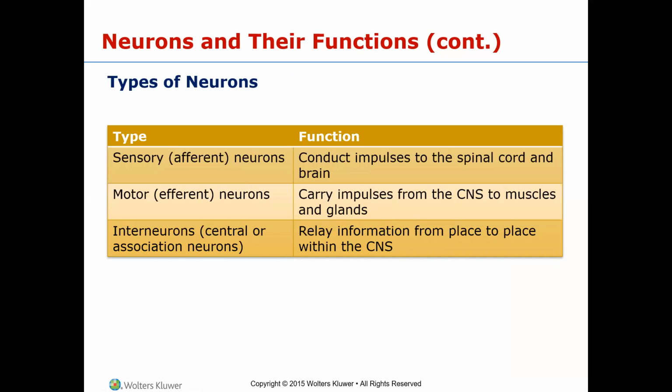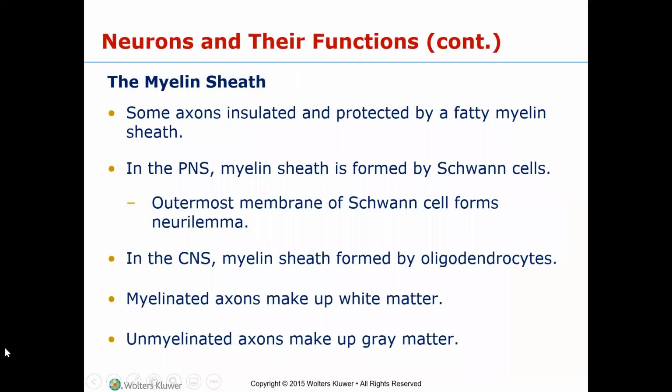Just to kind of backtrack there, we also have in our central nervous system, so in our brain and our spinal cord, a myelin sheath as well, which makes up the white matter, and that is formed from these cells called oligodendrocytes.